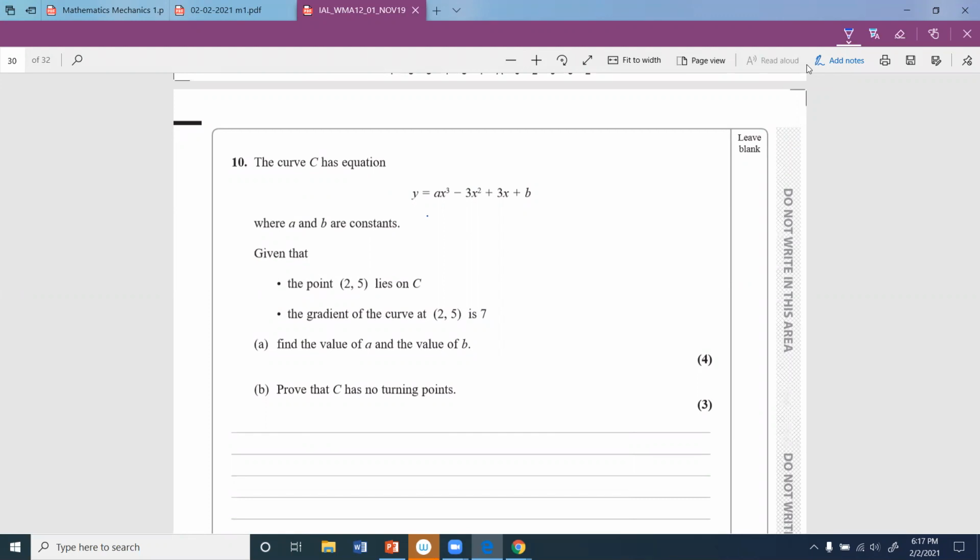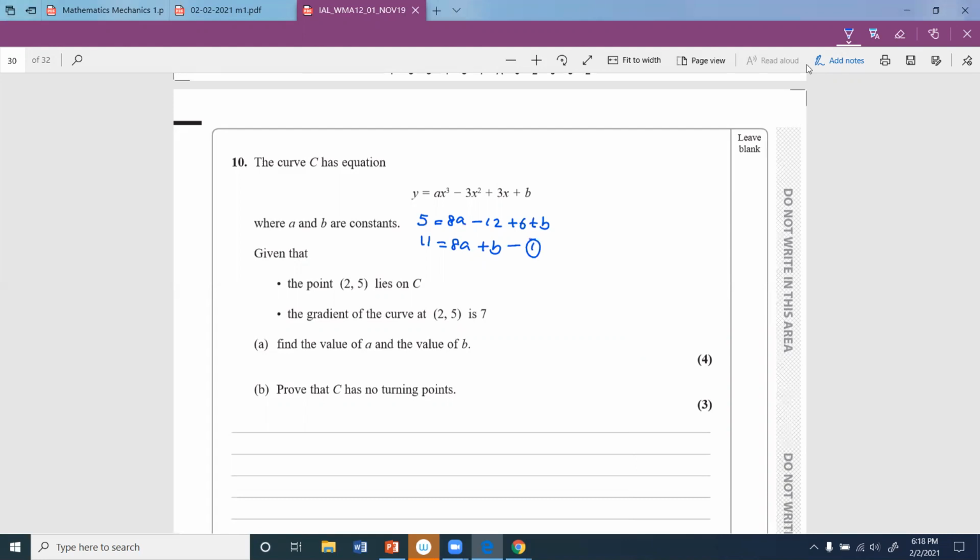So I can say 5 equals 2 cube is 8a minus 12 plus 6 plus b. From here you get 8a plus b equals 6 plus minus 6. It's 11. It's my first equation. Find the value for a and b.